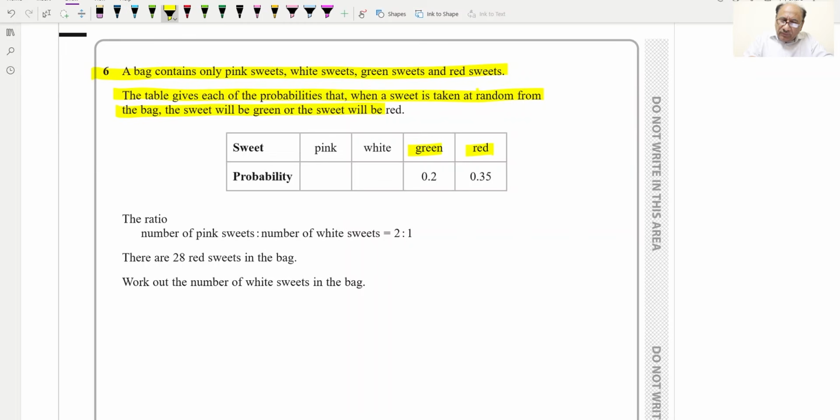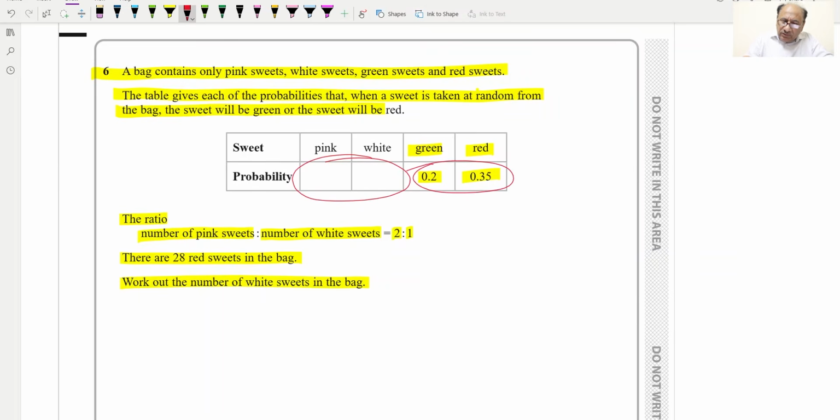So the green and red probabilities are provided, and the ratio of the number of pink sweets to the number of white sweets is 2:1. There are 28 red sweets in the bag. Work out the number of white sweets in the bag. So first of all we need to find what these two ratios will be.